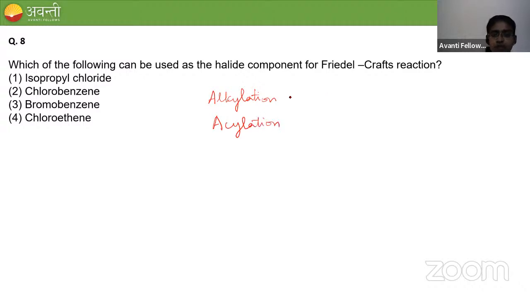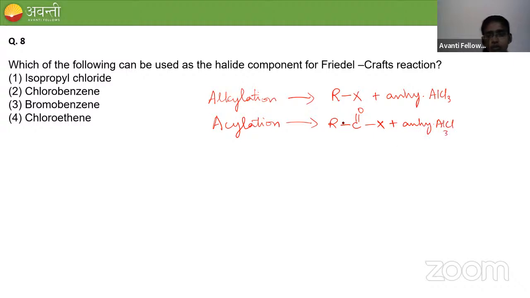So in Friedel-Crafts alkylation, we use RX plus anhydrous AlCl3 or FeCl3 kind of thing. And in case of acylation, we'll have RC double bond OX plus the same anhydrous AlCl3. Okay.